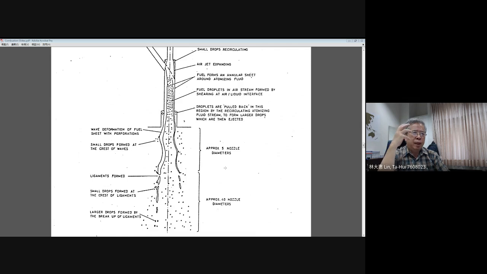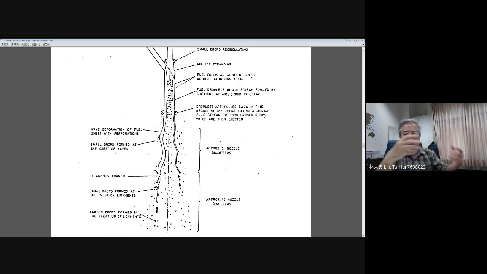But for atomization in real applications used for combustion, people try to reduce the atomization mechanism as small as possible. That means we try to prevent those kinds of liquid sheets or ligaments, because for the liquid sheet or ligament, the liquid volume is still large and requires more time to finish the gasification.